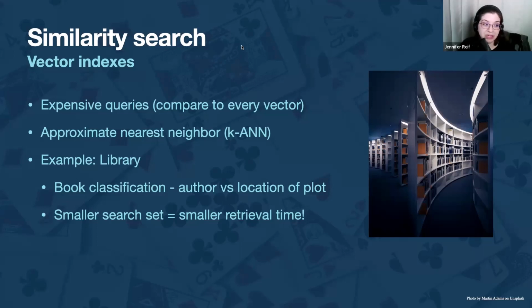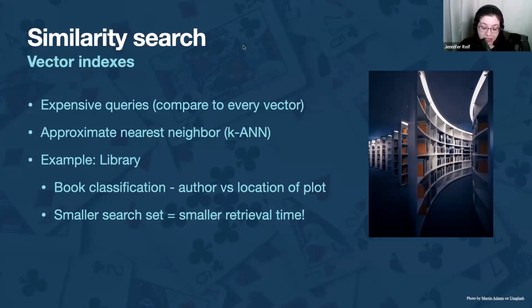So you can use an algorithm called approximate nearest neighbors, or KANN. The K is the number, so 10 closest vectors, 50 closest vectors, etc. And it'll retrieve a best estimate, if you will, of the closest things to that.